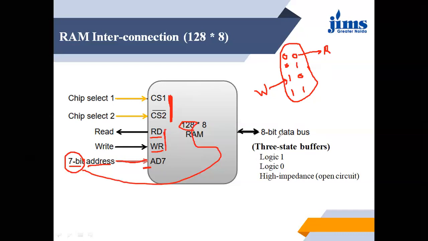One more thing, this data bus can work in three states. Three state means three state buffer. Either it will work, means logic 1, or it is 0, or it is in high impedance, means there is a circuit that is open, and we cannot send a 0 signal or a 1 signal.